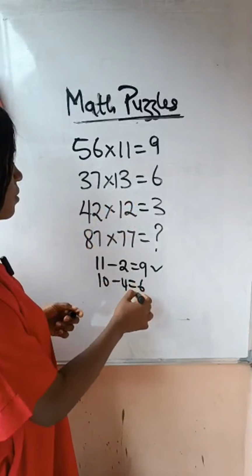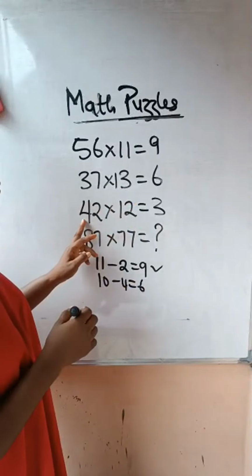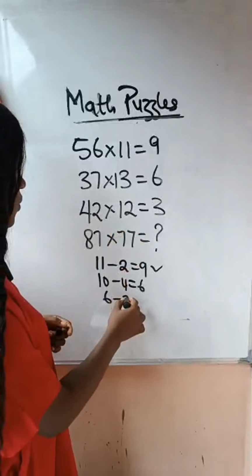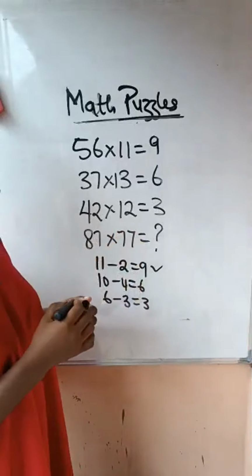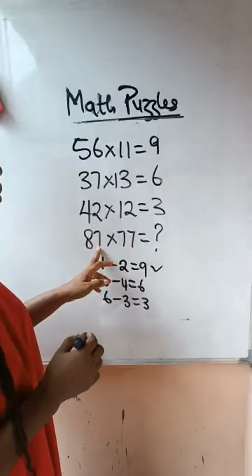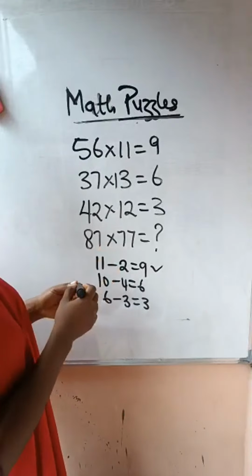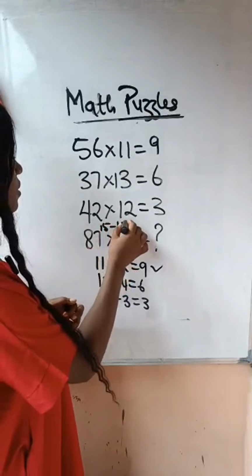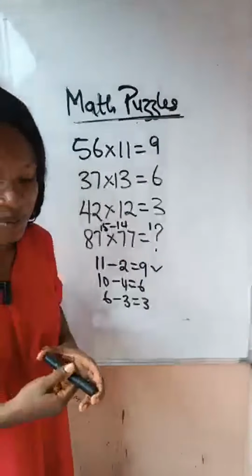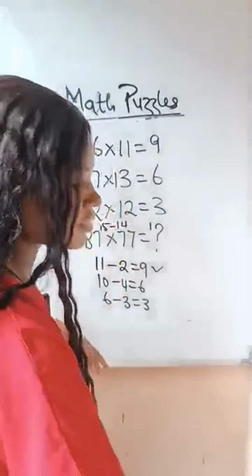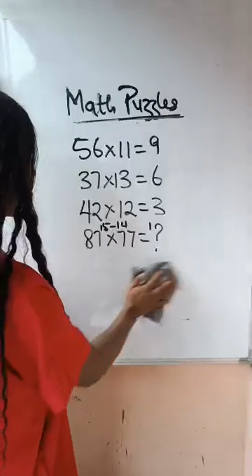So we have 6. Also, 4 plus 2 is 6 minus 1 plus 2 is 3 and we have 3. So the missing number then should be 8 plus 7 is 15 minus 7 plus 7 is 14. So the answer is 1. All right. So most of us got this one right. Next question.